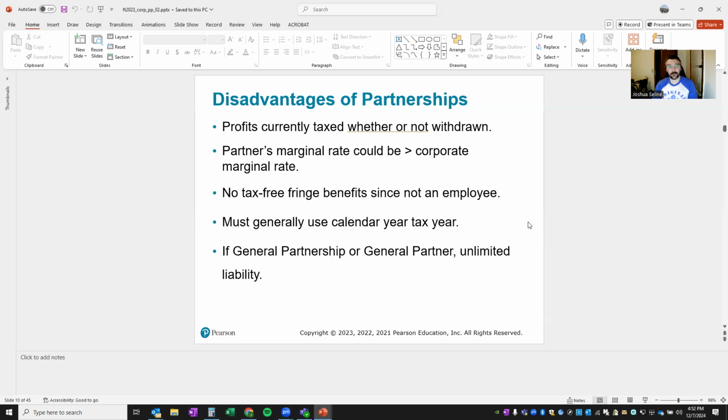You could have a 31% partner rate and the corporate rate's 21%. No tax-free fringe benefits, since partners are not employees, must generally use calendar year tax year. And if you're a general partner, you have unlimited liability. One thing that they didn't add here, partners, because they're not employees, would still be subject to self-employment tax, similar to a sole proprietorship.